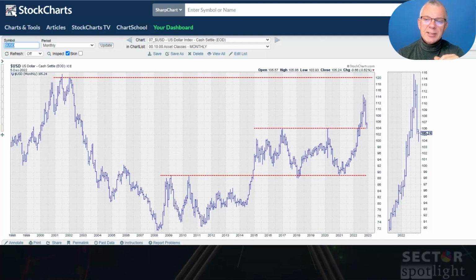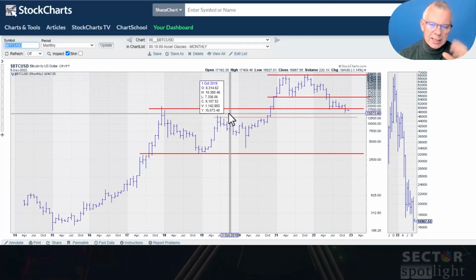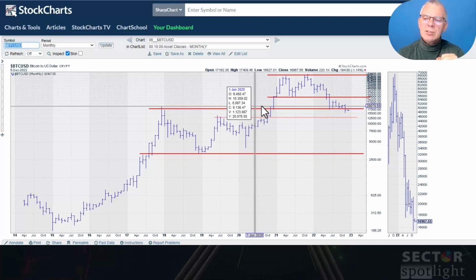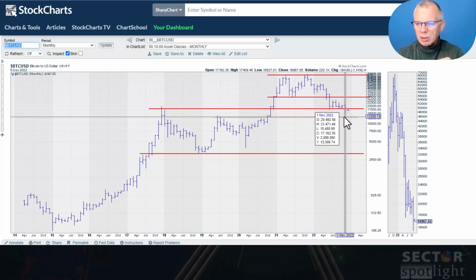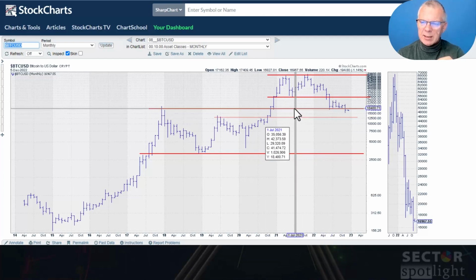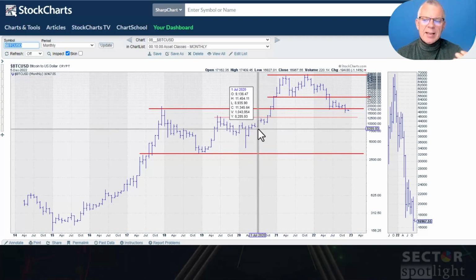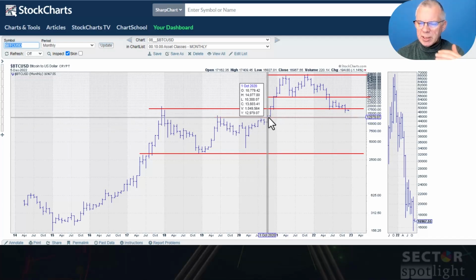Now the digital equivalent, if you want, is Bitcoin, and that looks a lot less strong. We definitely broke below that 18,000 level last month. You can see that here. This is the month of November with a close well below that red line, which is 18,000, 18,400. And I think it is very well possible that we will see a drop back towards the 12.5, 13,000 level for Bitcoin.